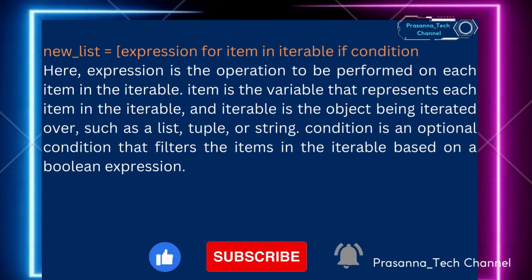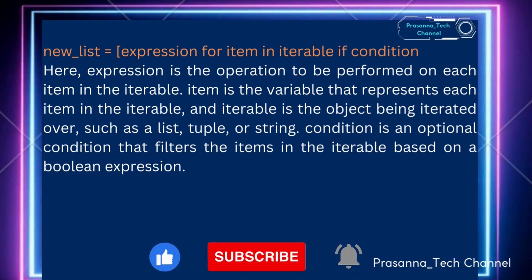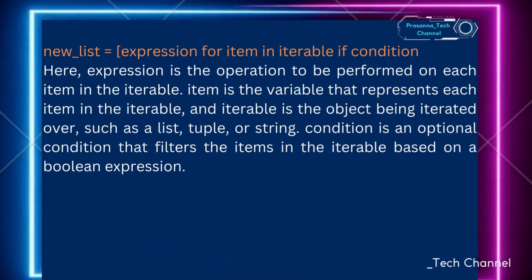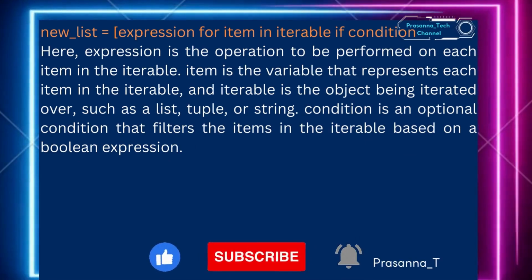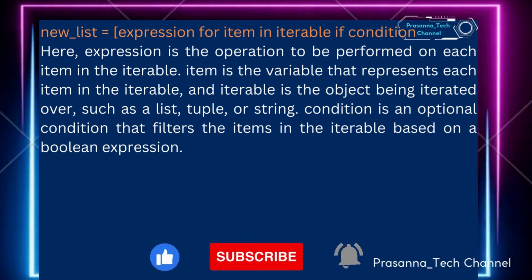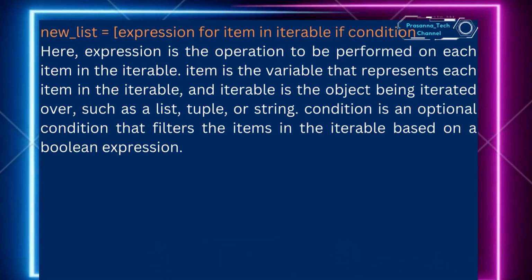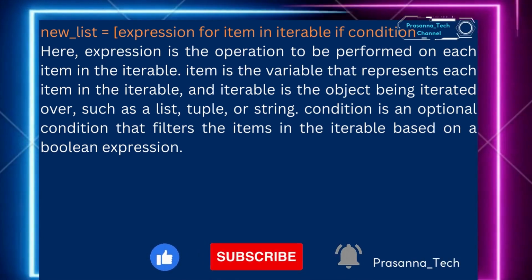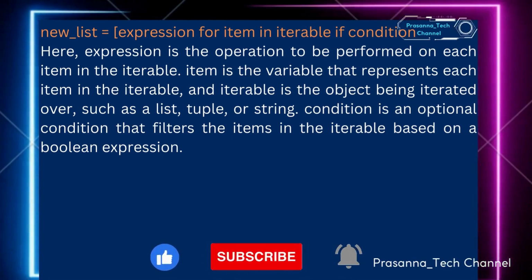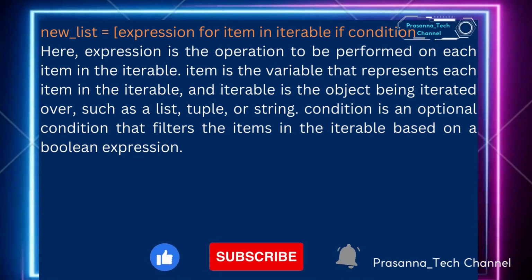Here, expression is the operation to be performed on each item in the iterable. Item is the variable that represents each item in the iterable, and iterable is the object being iterated over, such as a list, tuple, or string. Condition is an optional condition that filters the items in the iterable based on a Boolean expression.